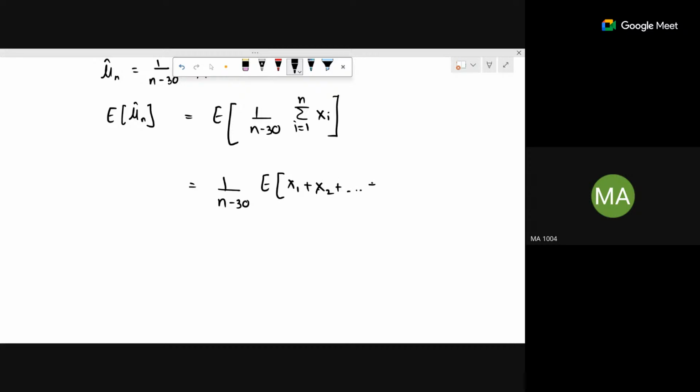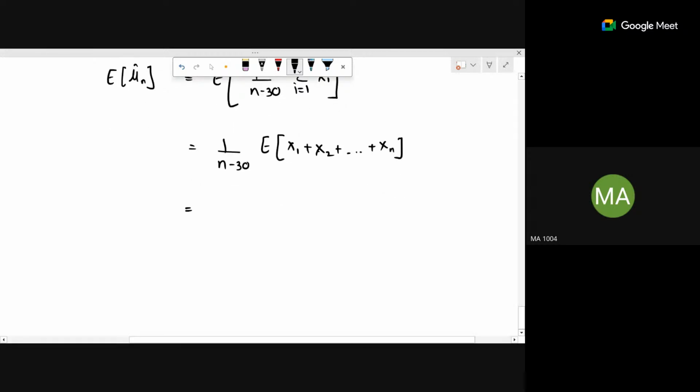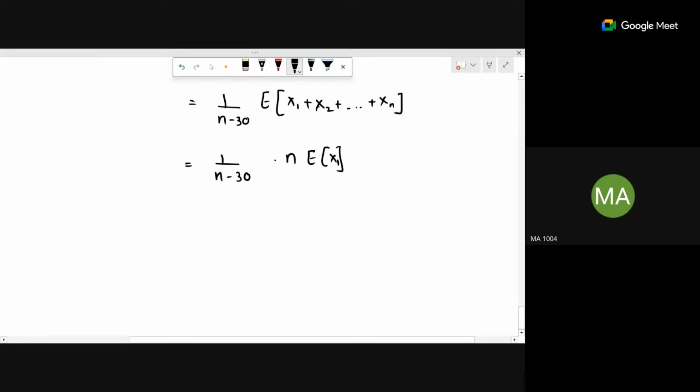It is given that these xi's are independent and identically distributed. So I can have it as n times the expectation of x, or x1, because all are identically distributed. So 1 upon n minus 30 into n into the expectation of x, which was given to us as mu.